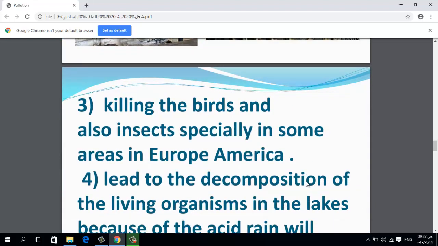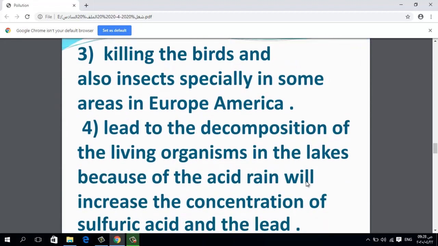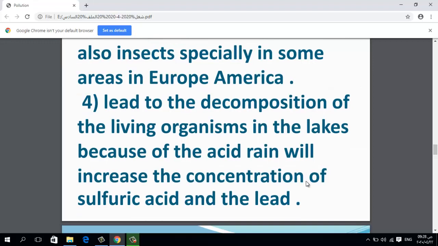Number three, it will kill the birds and also insects, especially in some areas in Europe. As I told you before, not all the effects are the same in all areas. Sometimes it's a high effect and sometimes a low effect.